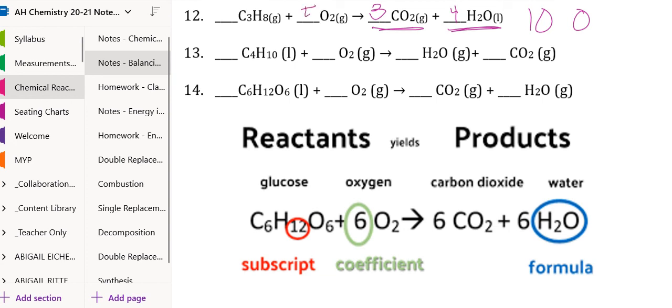Put a 5 in front of O2. So now everything's balanced. What coefficient goes in front of the C3H8? 1. And what kind of reaction is this? Combustion.